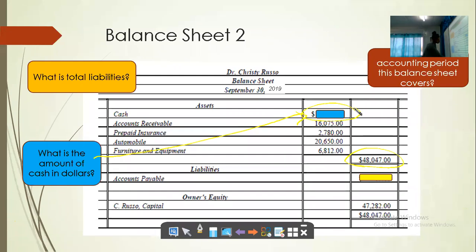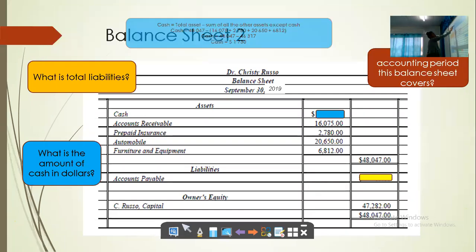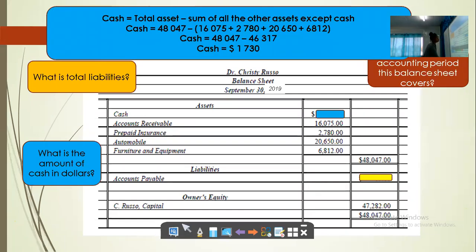So what you do is get the total assets and subtract the sum of all the other assets except the cash.